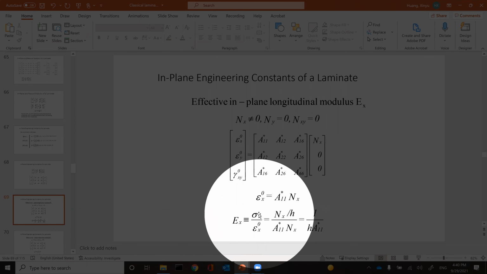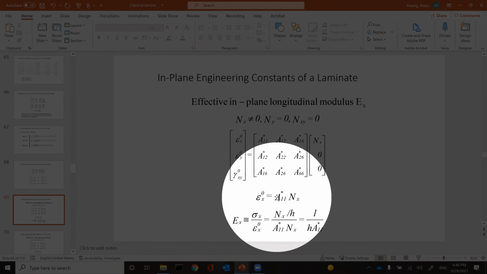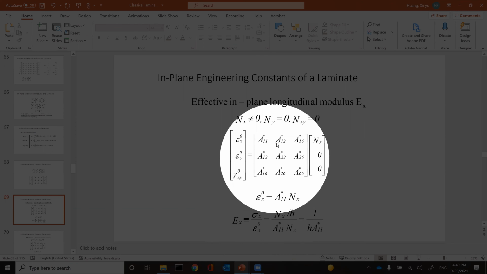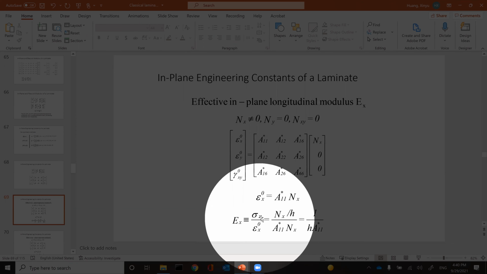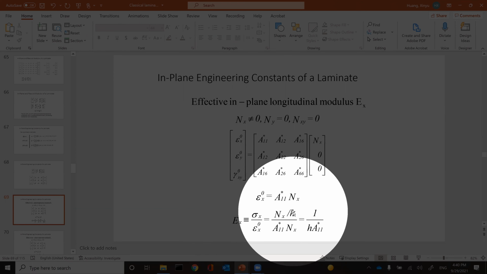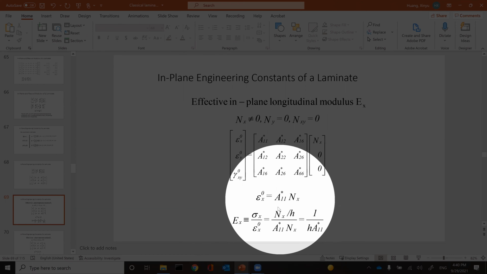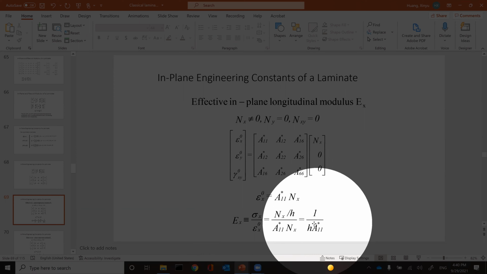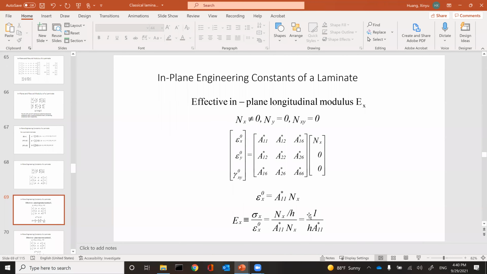So you can take sigma x divided by epsilon 0x. Sigma x is your stress, Nx divided by h, divided by this number here. And you get 1 over h times A11 star. And this number is the equivalent of a Young's modulus of this laminate.